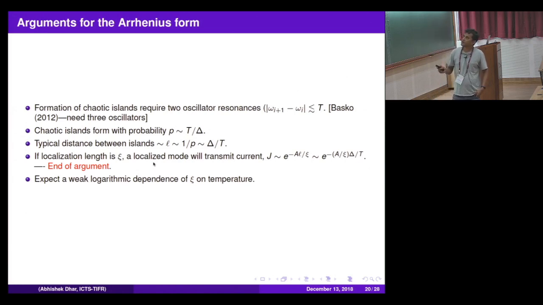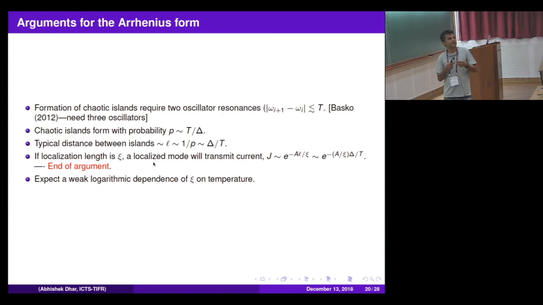Now, if a single resonance in the system is sufficient to generate a chaotic island, what is the probability of generating these chaotic islands? That's just T over delta, because delta omega is the range of frequency and the full range of frequencies is delta. So that's the probability of forming such an island anywhere.